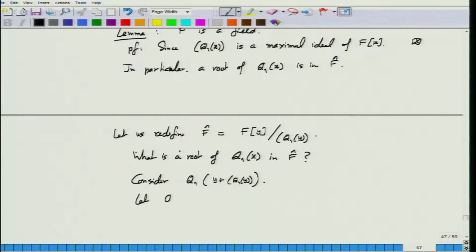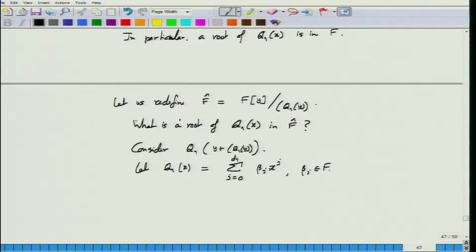Let Q1(x) be this polynomial, and do the substitution. Let's write I for this ideal.